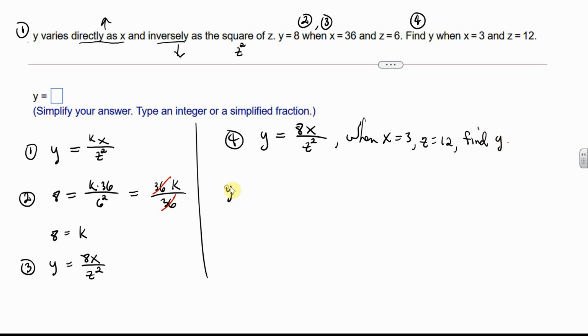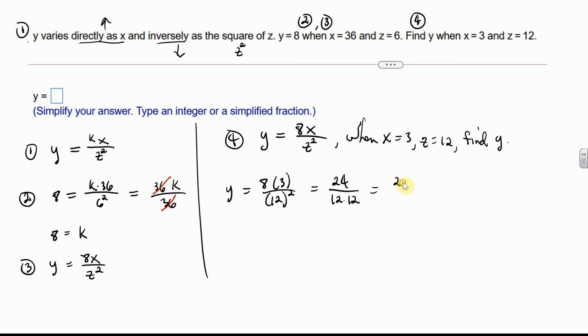So here we have y is equal to 8 times 3 all over 12 squared. So this is 24 over, that's 12 times 12. What do you get? Well, yeah, that's what that is, right?